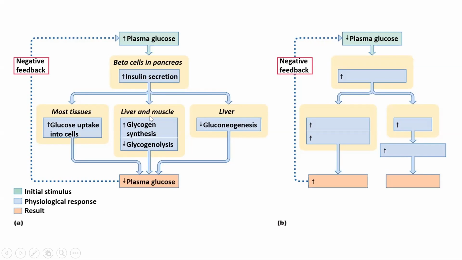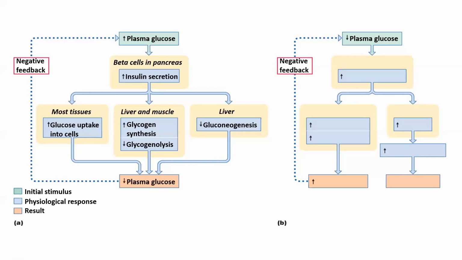In most of our tissues, we're going to uptake the glucose that we need at that time for those cells. In liver and muscle, we're going to increase glycogen synthesis, which is basically storing away excess glucose for later on. And then in the liver, we're going to decrease gluconeogenesis because we're not actively making glucose. Instead, we're storing up that glucose for times of need.